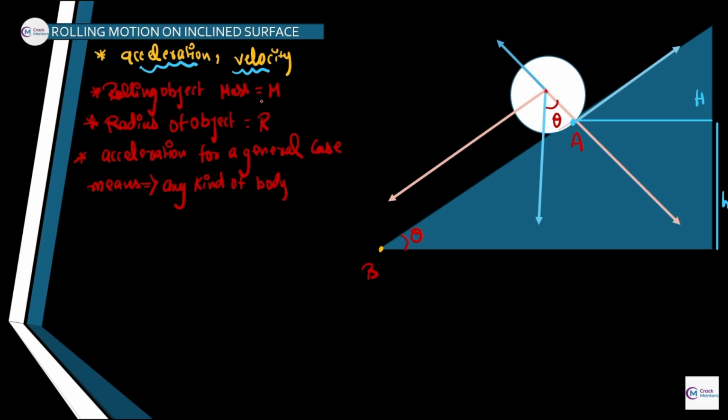First of all, we have ring, another is disc, solid cylinder, hollow cylinder, hollow sphere, solid sphere. There are multiple objects which can roll. In accordance with that, I'm going to solve it for the general case, so that we don't have to do the derivation multiple times to solve the acceleration for different kinds of body. I am generalizing a formula.